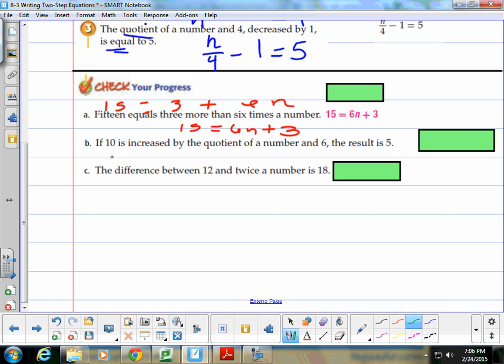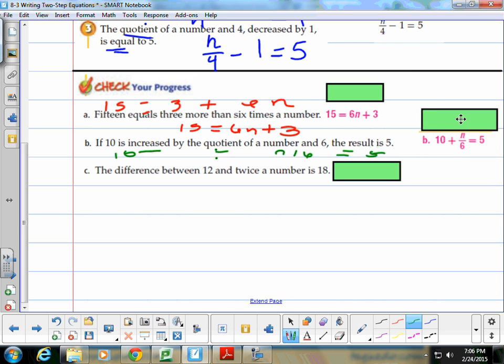Second one, if 10 is decreased by, meaning I'm subtracting from 10, so 10 minus the quotient, so I see quotient, division of a number and 6, the result, meaning is equal, 5. This is a little tricky because you have to see that 10 is being decreased, so you're subtracting from 10. So you're not subtracting 10 from this, 10 is being decreased by.